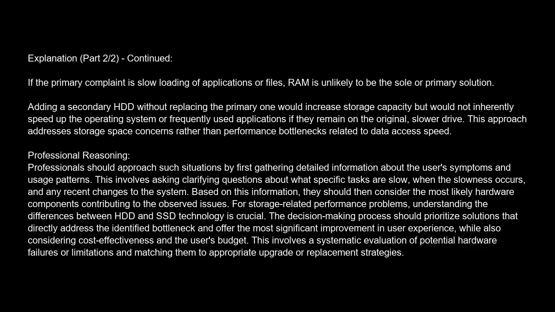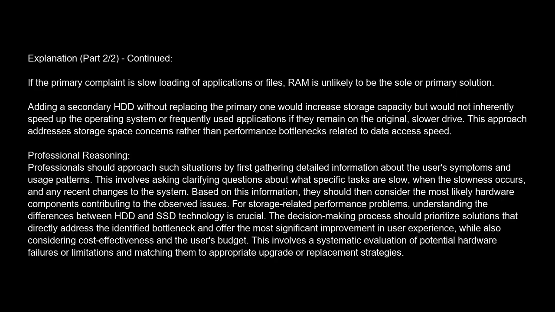Professional reasoning. Professionals should approach such situations by first gathering detailed information about the user's symptoms and usage patterns. This involves asking clarifying questions about what specific tasks are slow, when the slowness occurs, and any recent changes to the system. Based on this information, they should then consider the most likely hardware components contributing to the observed issues. For storage-related performance problems, understanding the differences between HDD and SSD technology is crucial.